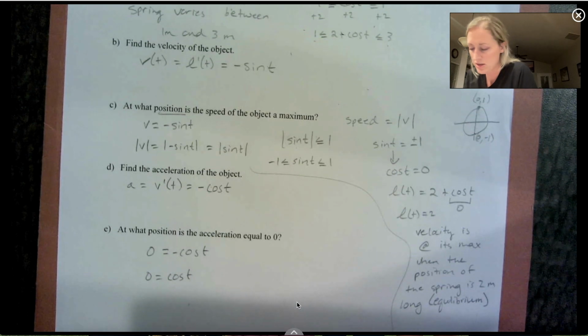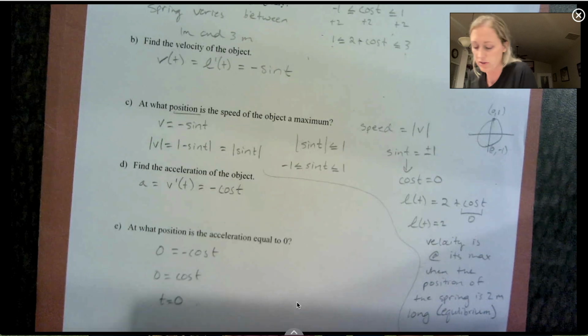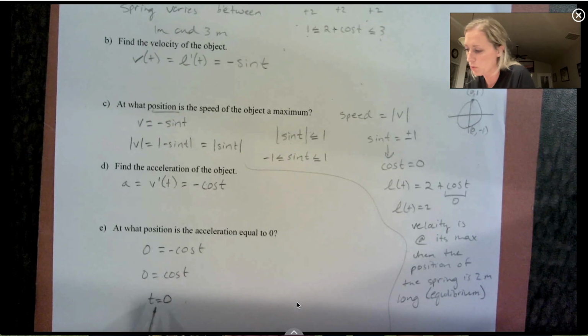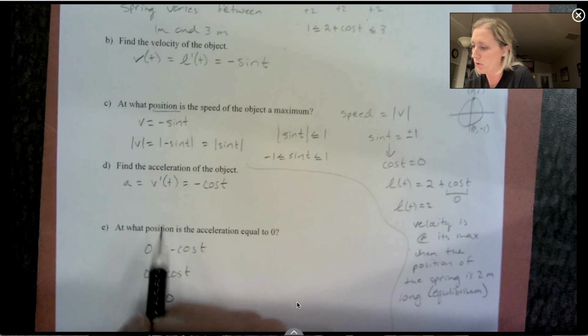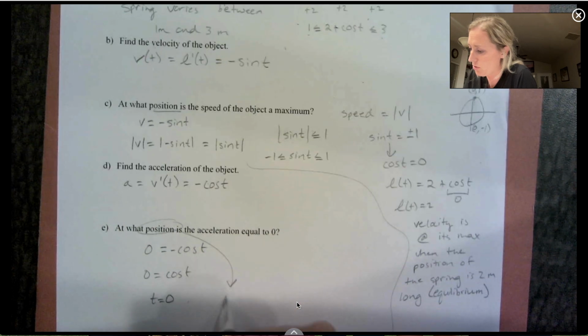So where is cosine 0? Cosine is 0 at 0, if we think about the unit circle. And again, when t is 0, that is when time is 0, our spring is also in equilibrium. So its position when acceleration is 0 is equilibrium.